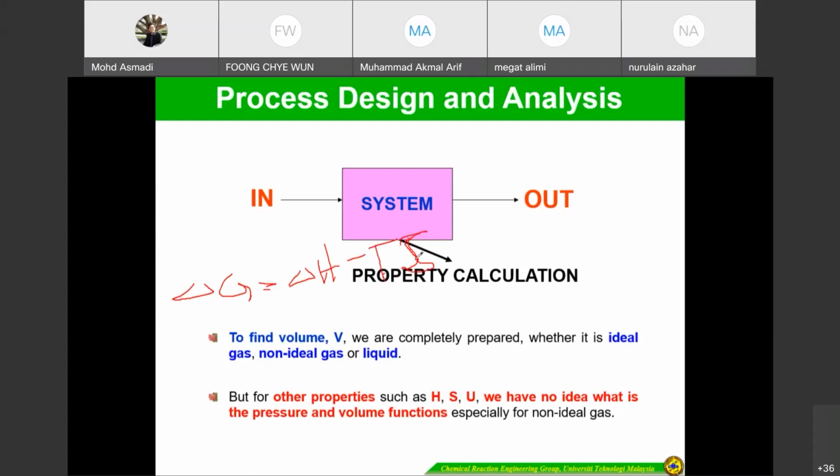Generally this one is going to be negative, so you need this one as a positive so that your Gibbs energy is negative, so that your reaction is spontaneous lah. That's why your entropy must be positive. If not, you need the external energy to assist your reactions.